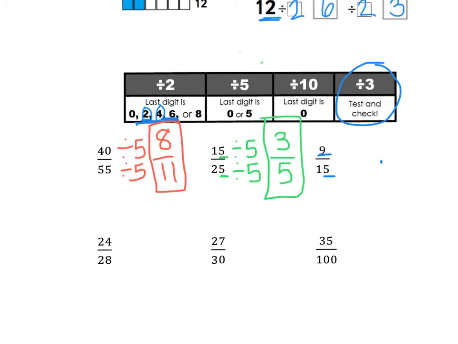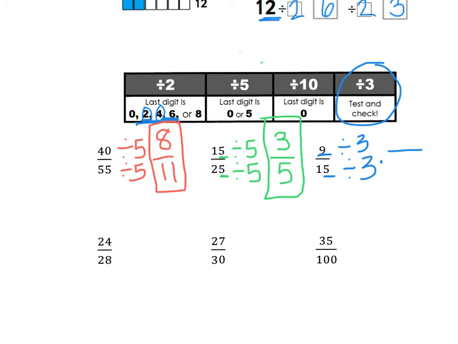Let's ask ourselves here, is 9 divisible by 3? Well, 3 goes into 9 evenly, and 3 does go into 15 evenly as well. So let's try 3. And remember, whatever we do to the top, we have to do to the bottom. We cannot be simplifying by different numbers. It has to be the same number.